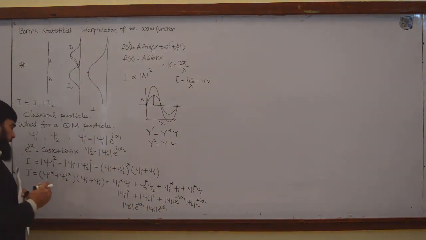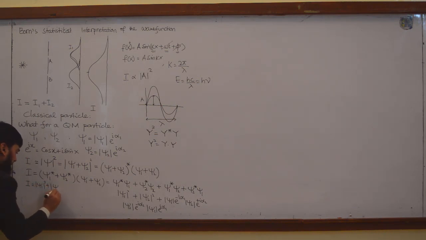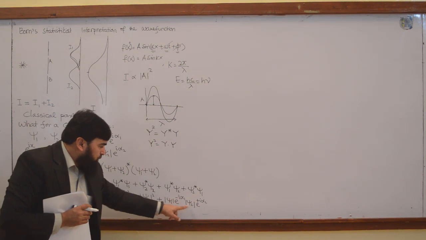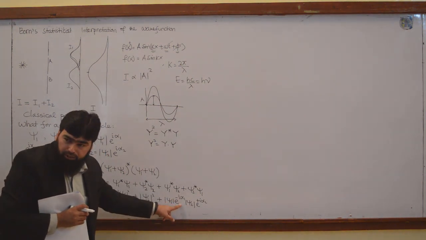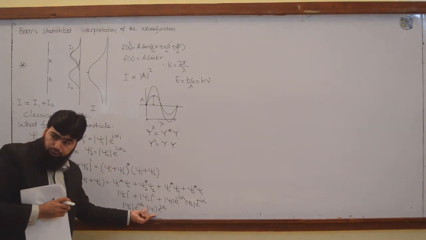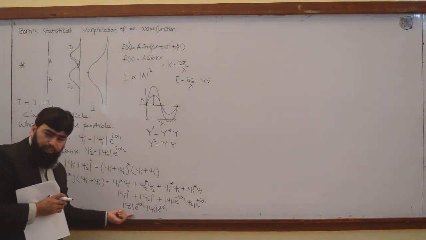So I can write that intensity is equal to psi 1 mod square plus psi 2 mod square plus, what about this one? Psi 1, psi 2, they are being multiplied, so their mods are there. They are magnitudes, psi 1 and psi 2.